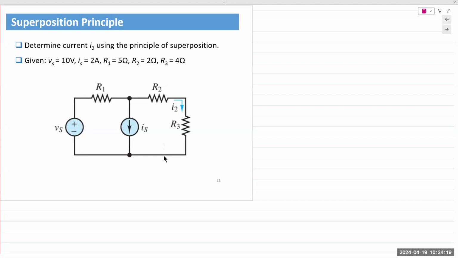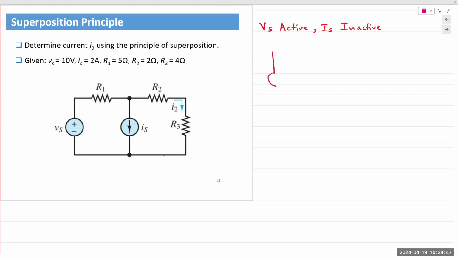So in this case, let's take first the case for Vs being active and Is inactive. If Is is inactive or reduced to 0, that means we simply remove it from the circuit and don't replace it with anything. So we draw the circuit out first without Is.